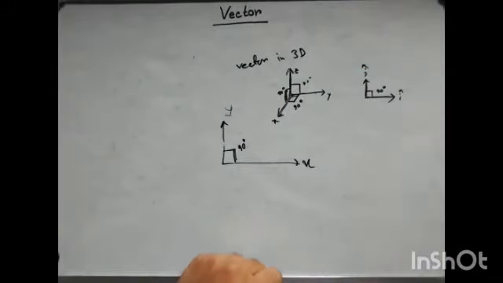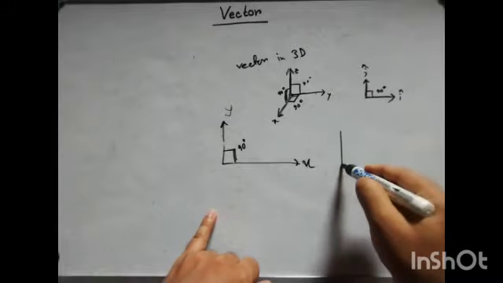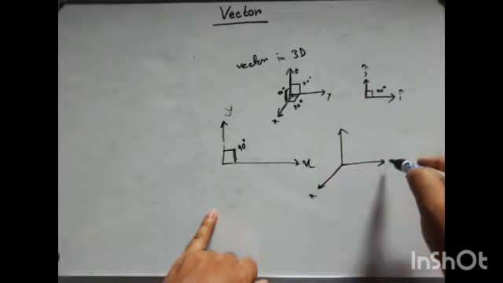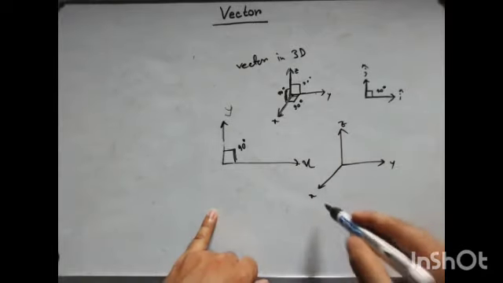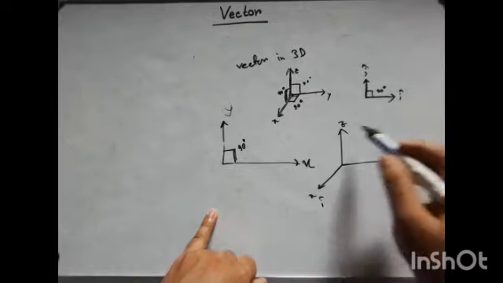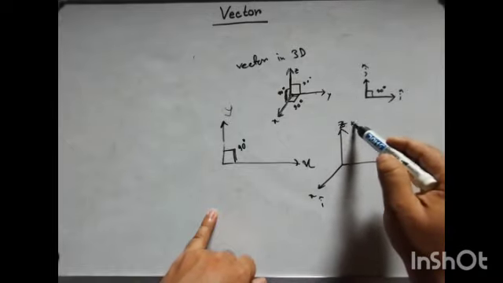So in 3 dimensions, this is your x-axis, y-axis, z-axis. The unit vector along the x-axis is i cap, along the y-axis is j cap, and along the z-axis is k cap.